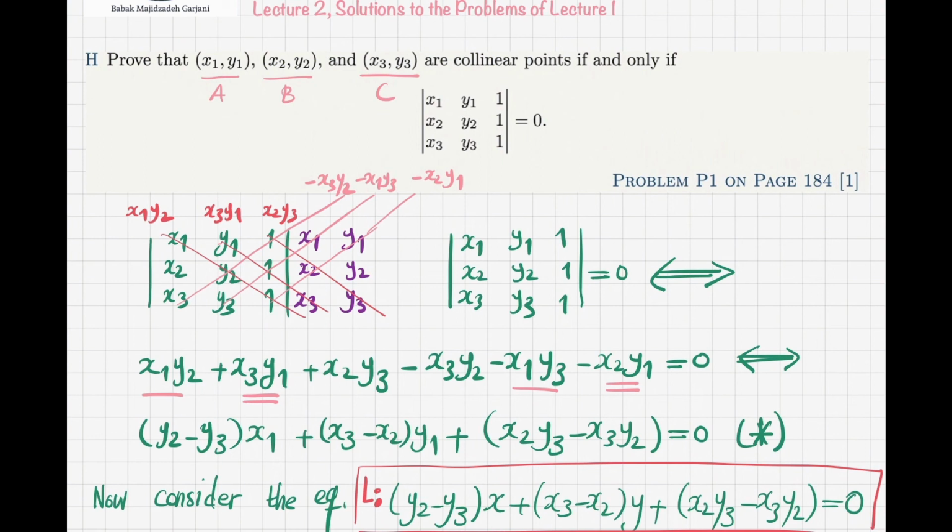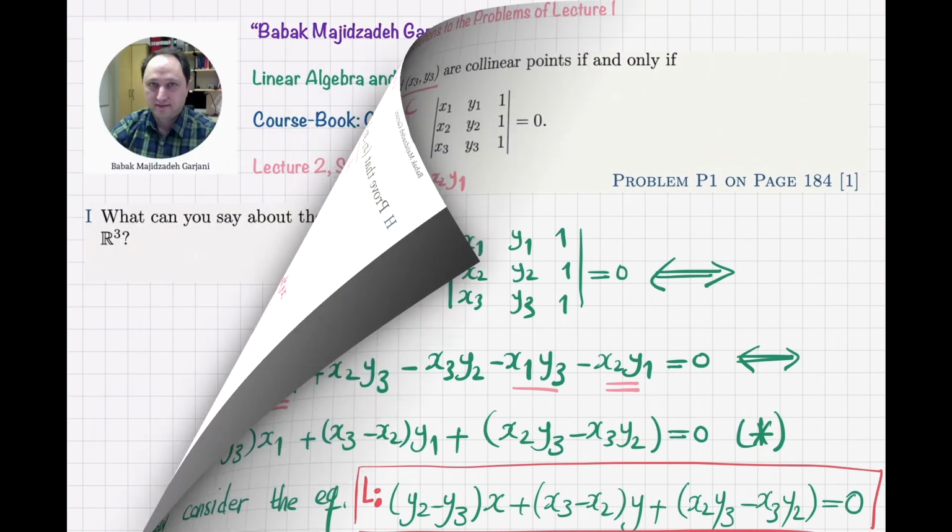So these points are collinear if and only if this determinant is equal to 0.